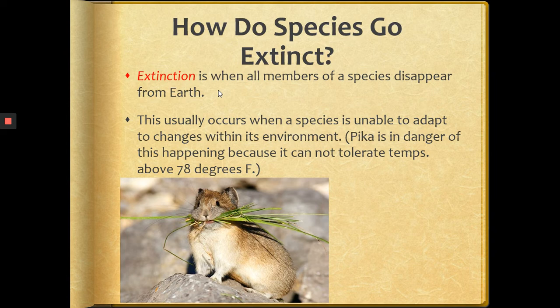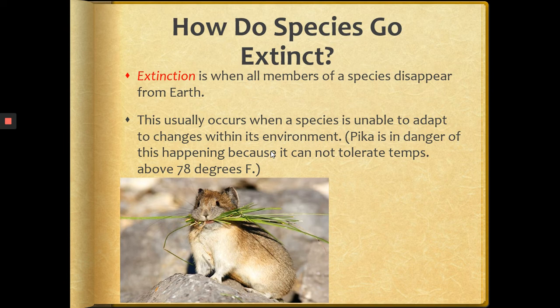And we're going to get into different causes of this. But the pika is actually in critical danger right now. He lives way high up in the mountains, and he's not able to tolerate temperatures above 78 degrees Fahrenheit. Scientists have noticed these pika have been going higher and higher into the mountains to escape the increase in temperature that we're seeing with global warming.